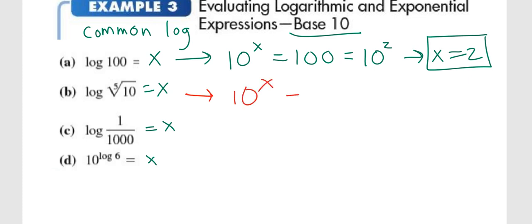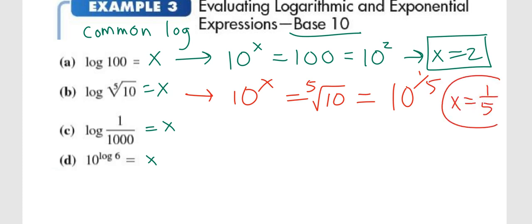10 to the x equals the 5th root of 10. What did you do with this? 10 to the what? Come on, what is this one? 1/5. You are correct. Okay.